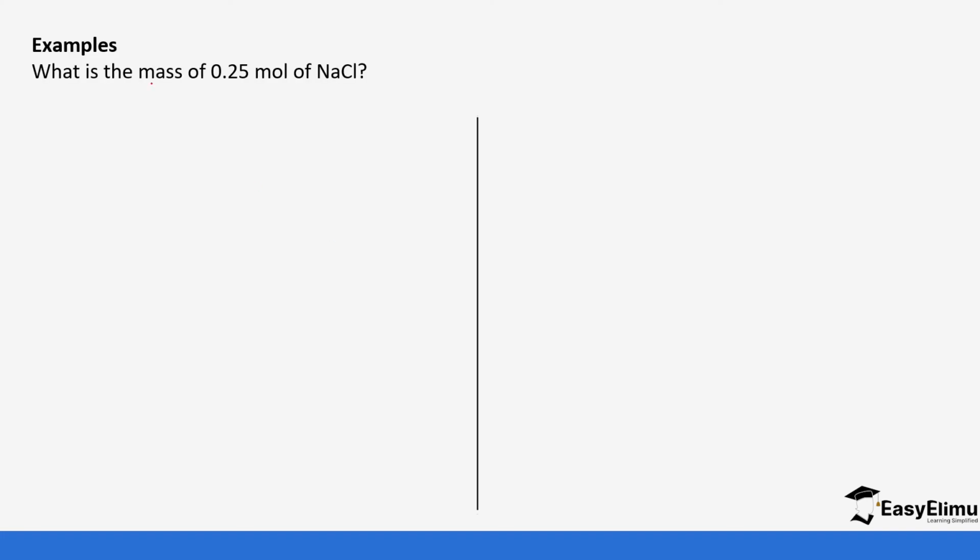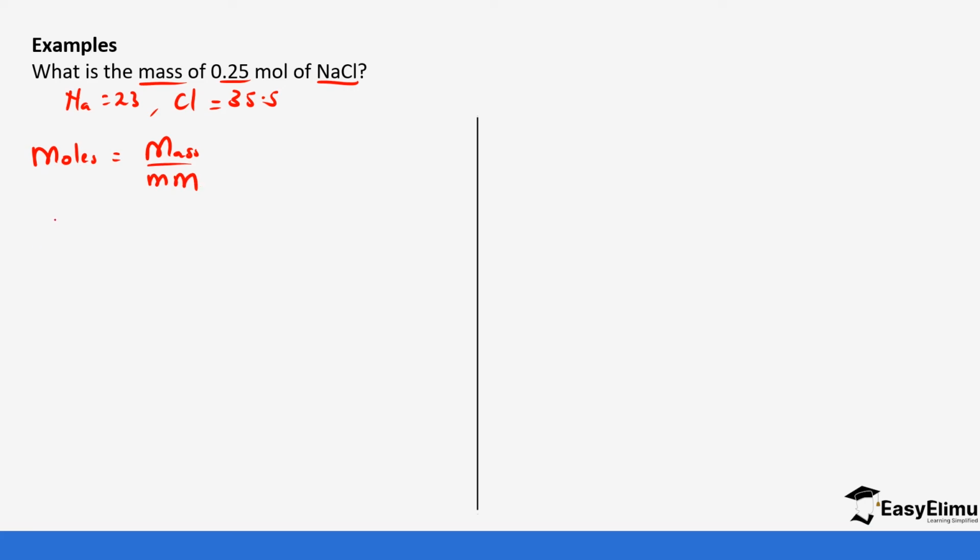The first question is, what is the mass of 0.25 mole of sodium chloride? The atomic mass of sodium is 23 and the atomic mass of chlorine is 35.5. So the formula is moles is equal to mass over molecular mass.